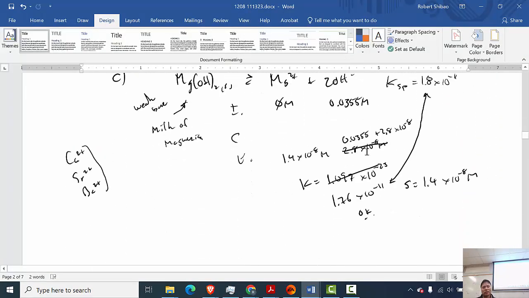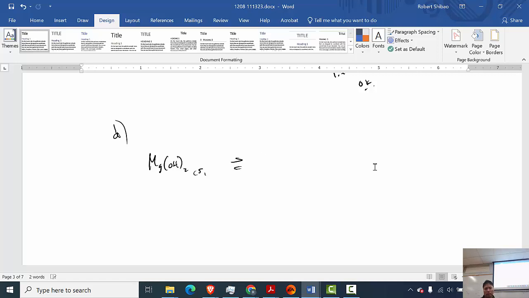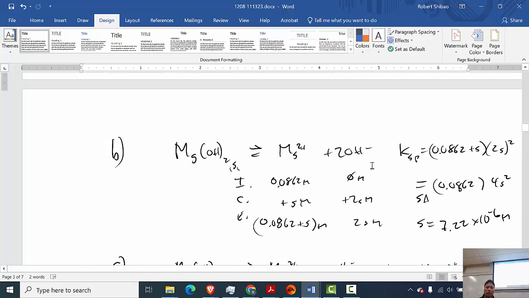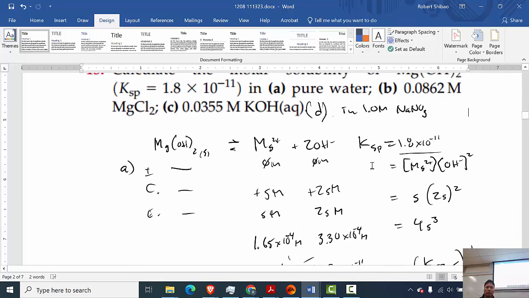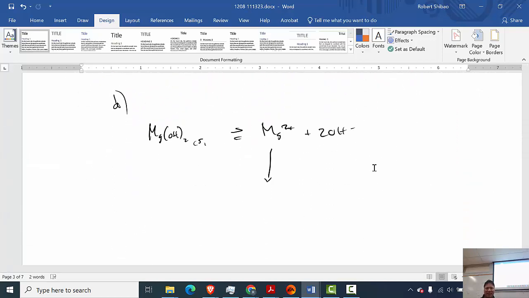So in 1 molar sodium nitrate, this is what happens. The magnesium ions are going to end up being surrounded by nitrates.